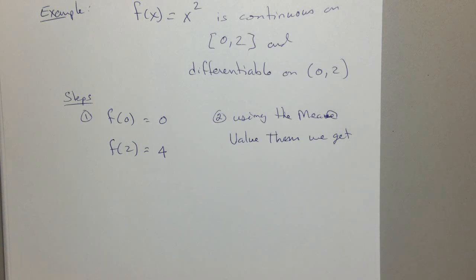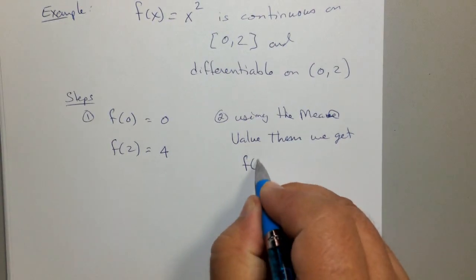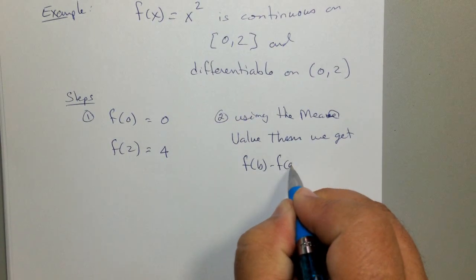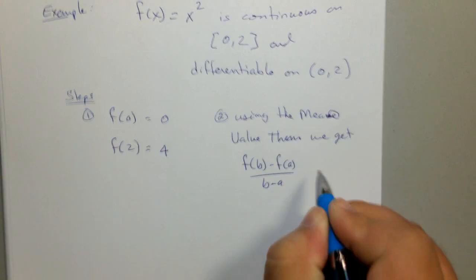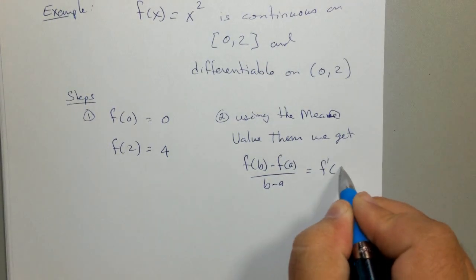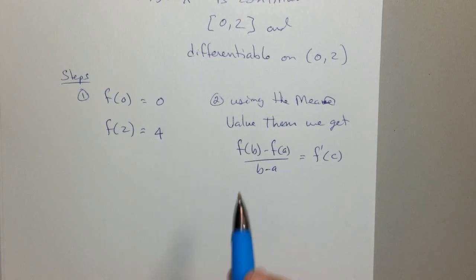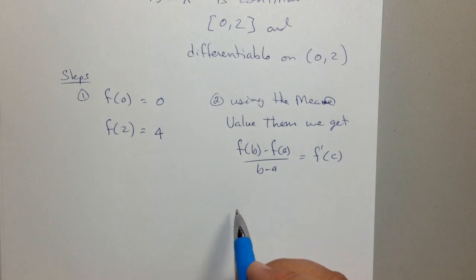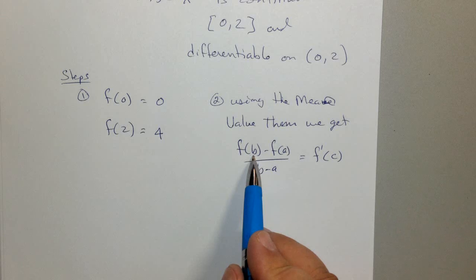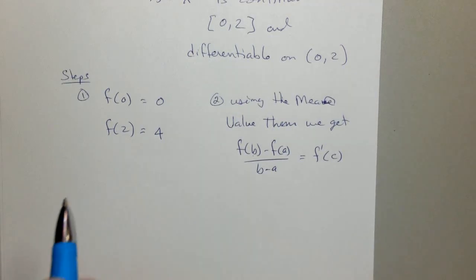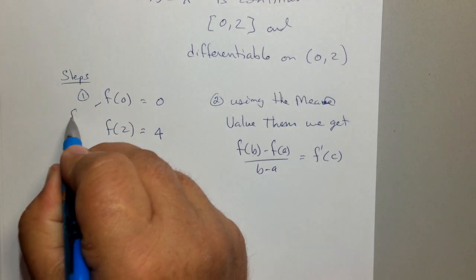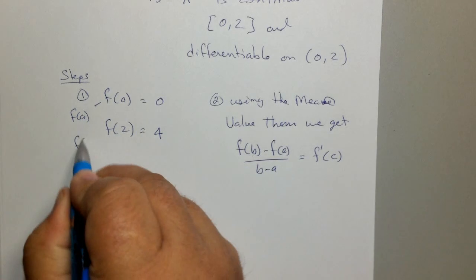So how would you use the mean value theorem here? Remember, it's f of b minus f of a over b minus a equals f prime at c. We know f of b? It's 4, because this is f of a, this is f of b.